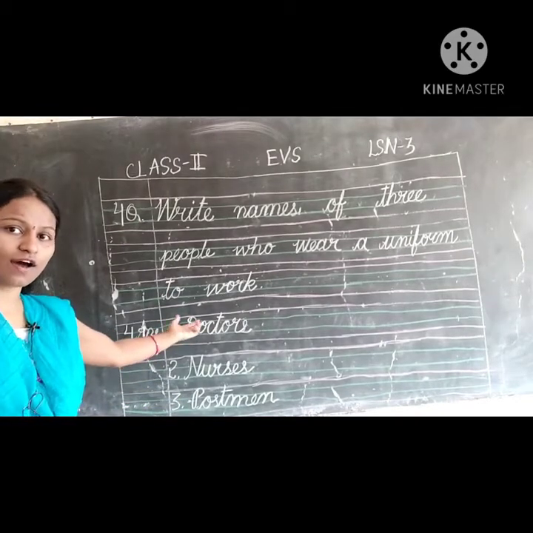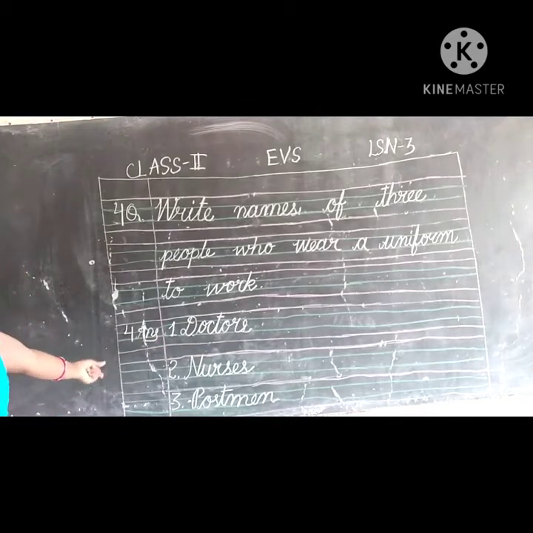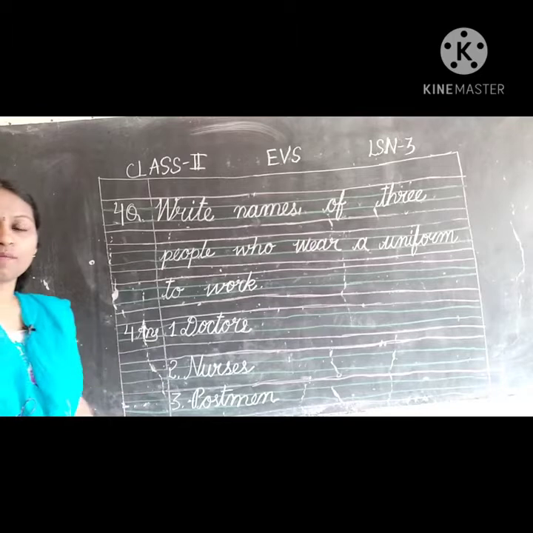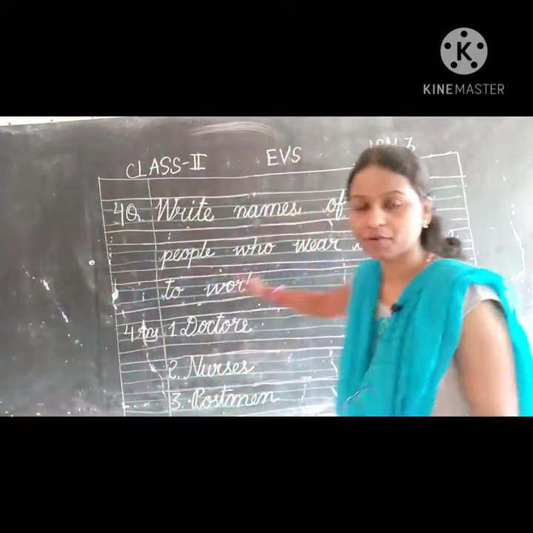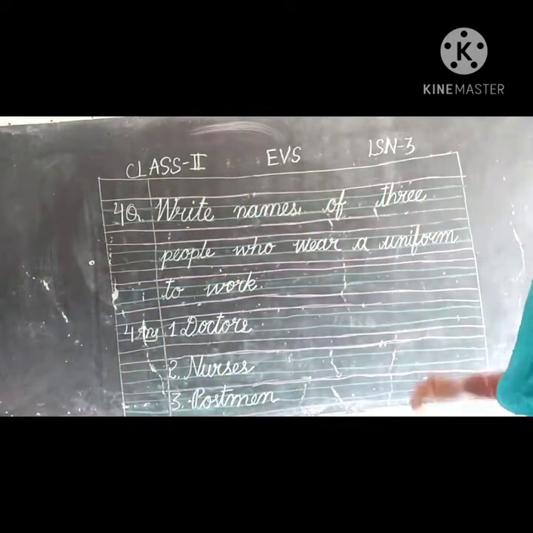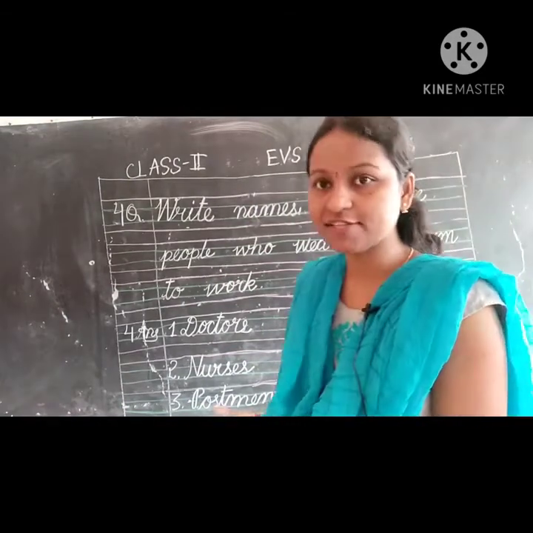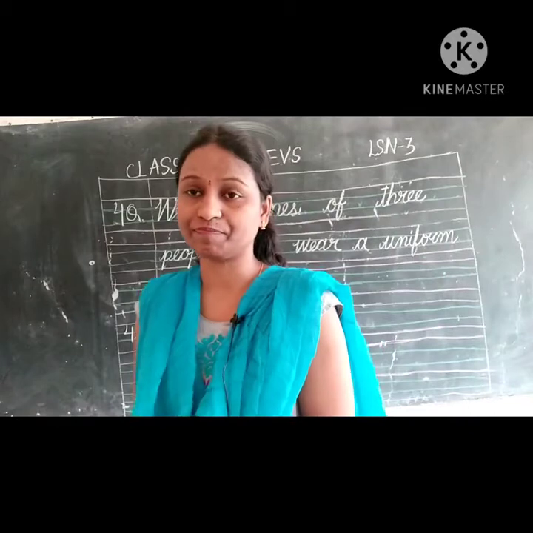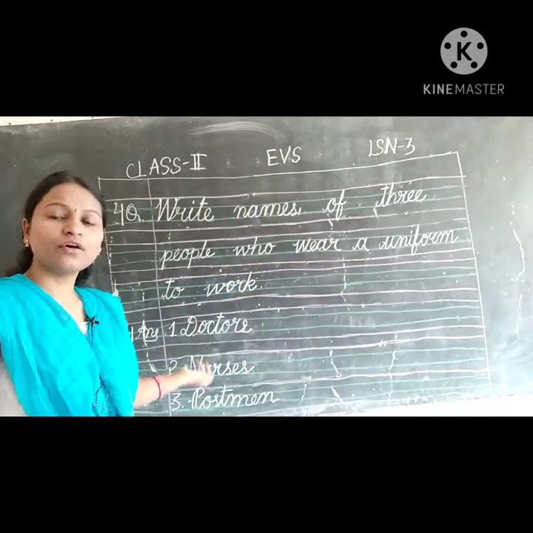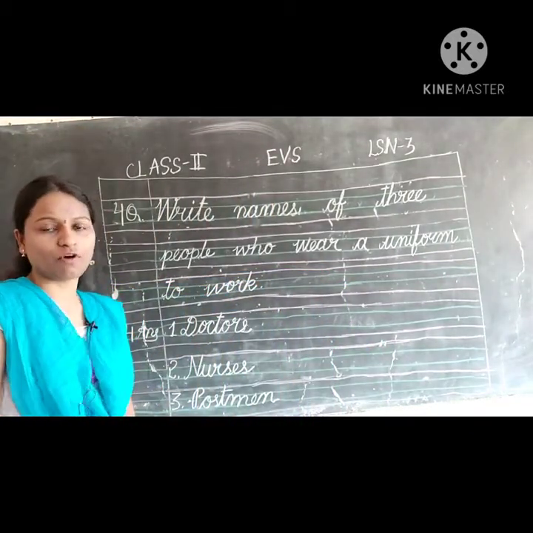D-O-C-T-O-R-S, doctors, N-U-R-S-E-S, nurses, P-O-S-T-M-E-N, postmen. These are the people who wear the uniform, okay. Not only these people, but policemen, policewomen, soldiers, okay. Those are all wearing the uniforms, okay children.